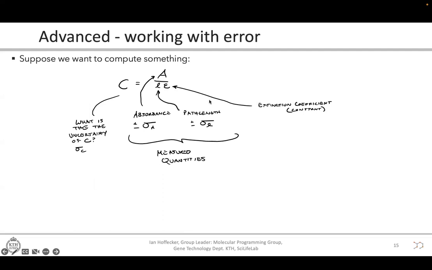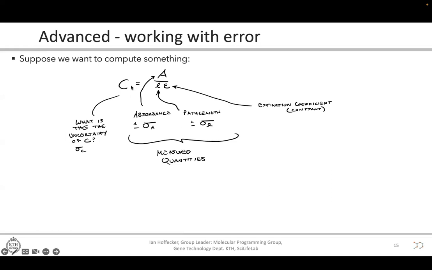That one is going to be constant, but then we have these two measured quantities. We have a path length, which is subject to its own error, sigma L. And then we have an absorbance measurement based on our detection apparatus, and that's going to have its own error, sigma A.